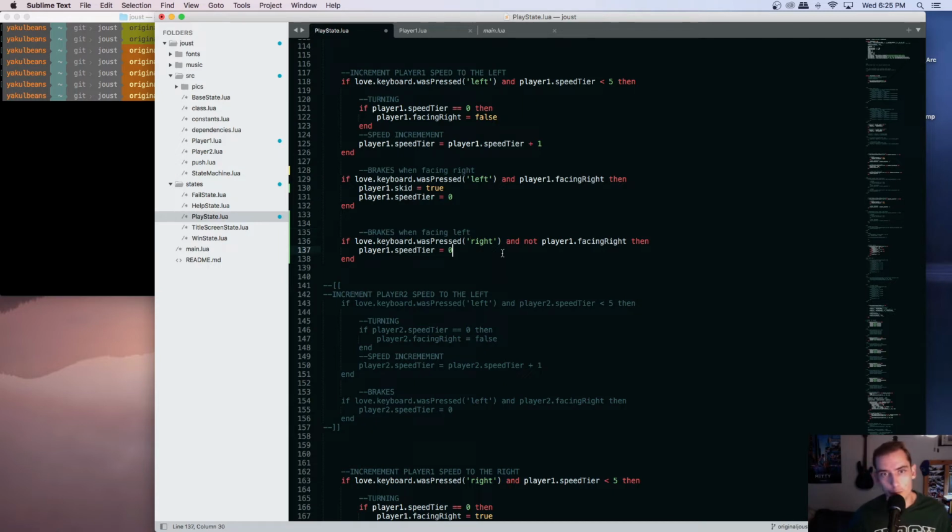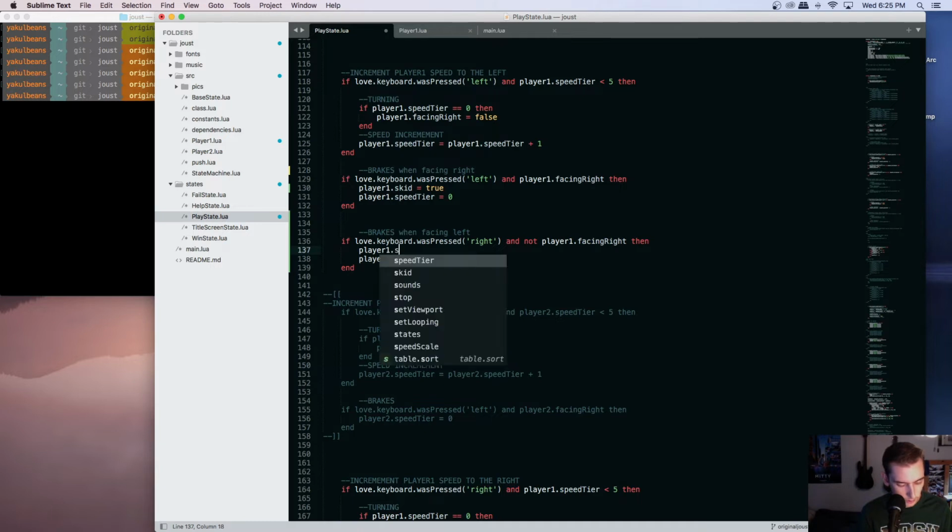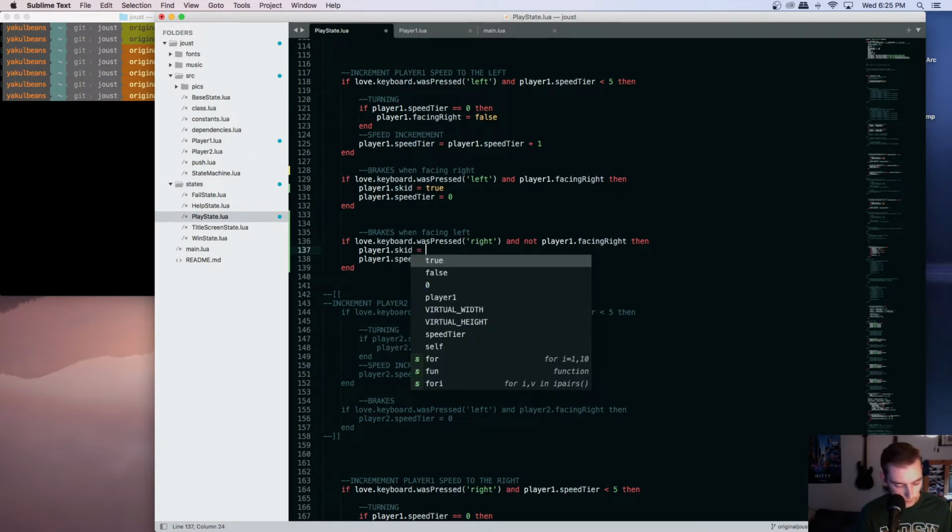So the other way, if right was pressed and it's facing left, then player 1 dot skid gets true.